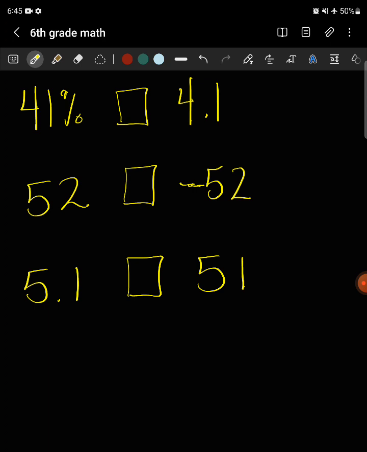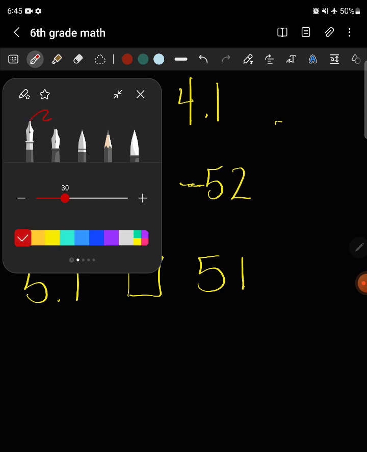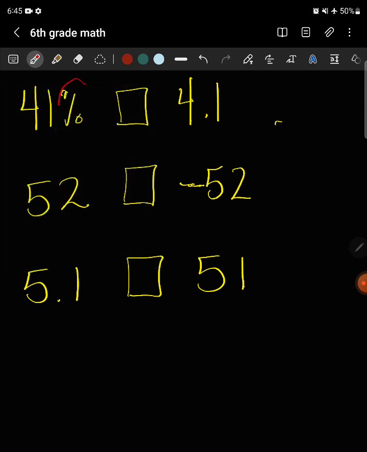So when I look at this, I have a percent. When I have a percent, I'm comparing this percent to a decimal. So I want to convert. When I convert, I know that I am dividing by 100. And so when I divide by 100, I really have 0.41. And I'm comparing that to 4 1/10.